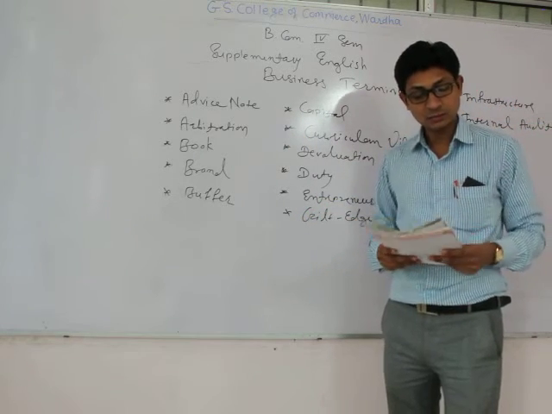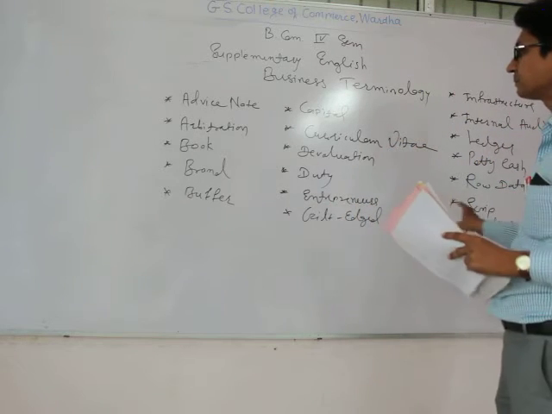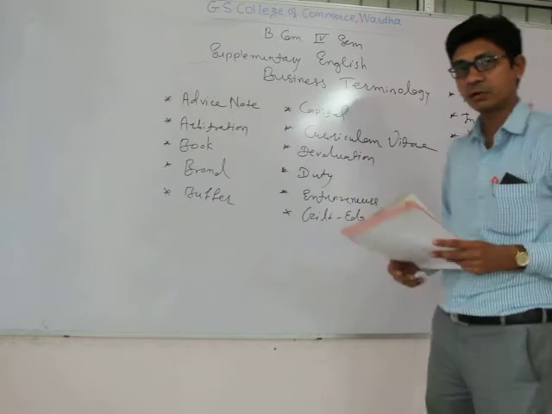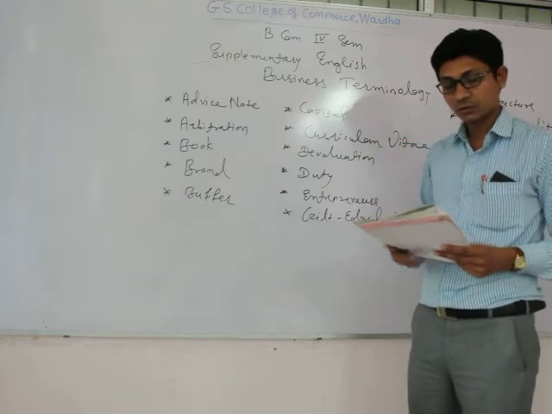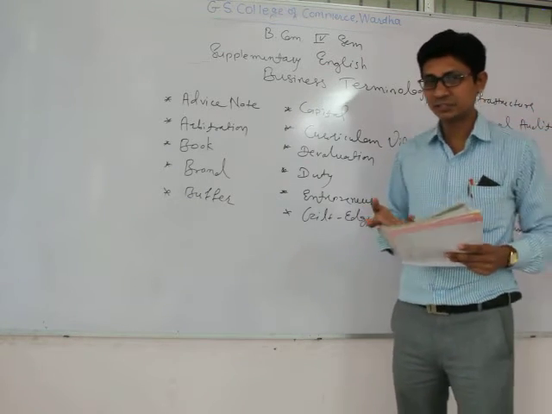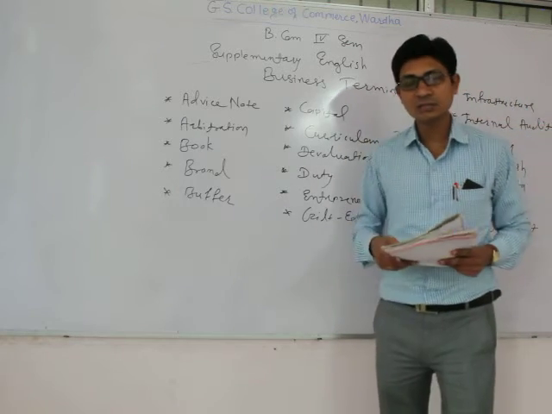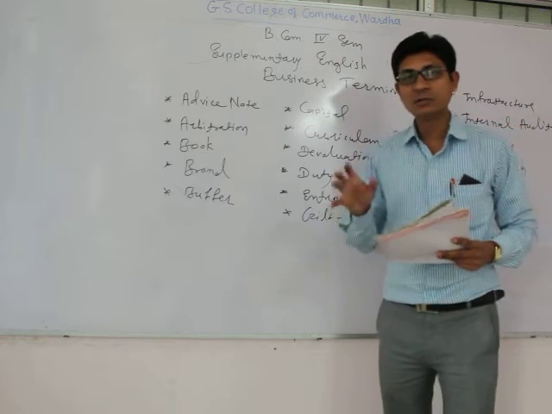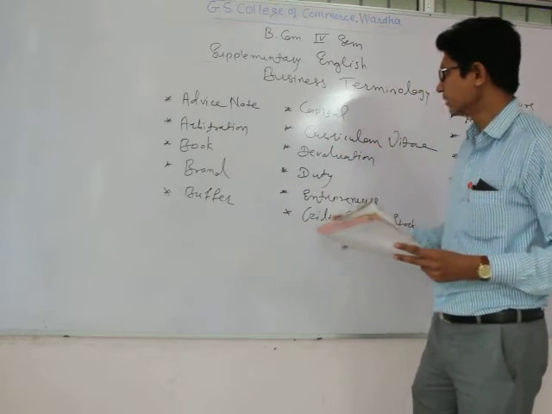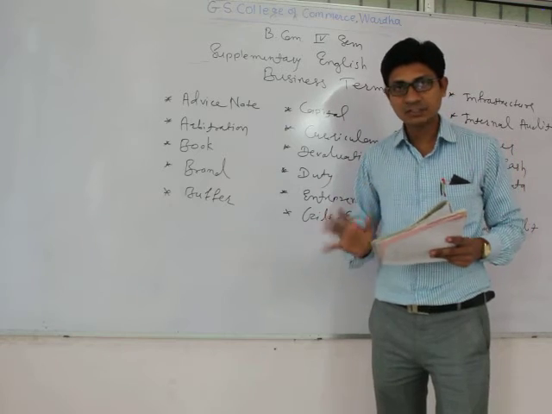So I have written here on the board near about 15-16 terminologies, and I will explain those terminologies. The definitions are given. It is a kind of definition, you can say. You have to go through these terms and memorize the explanations so that you can write the proper terminology for the given explanation in the university examination.